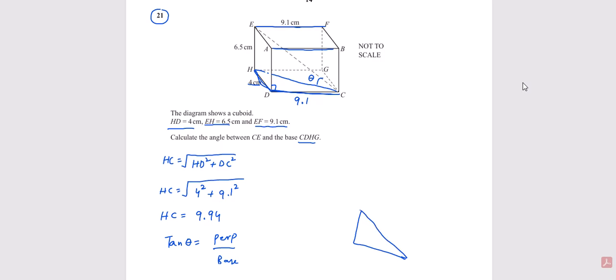This value is equal to 6.5, and this side, we just solved, is equal to 9.94, and we need to find this angle theta.